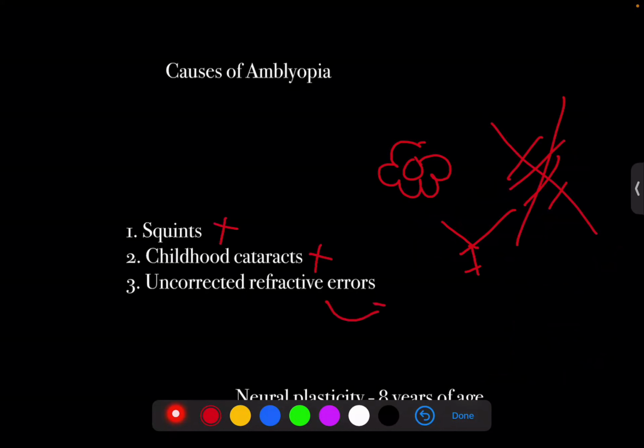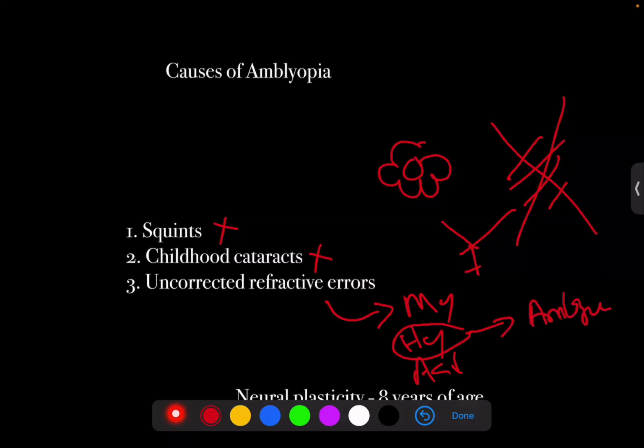And refractive errors: myopia, hypermetropia, astigmatism. Especially hypermetropia will give rise to amblyopia. Why? They cannot see near. Even distance is seen with quite a lot of accommodation, which gives rise to headache, and sometimes it can fail, and they might not be seeing either distance or near. So they are more prone to loss of vision without any structural problem in the eyes.